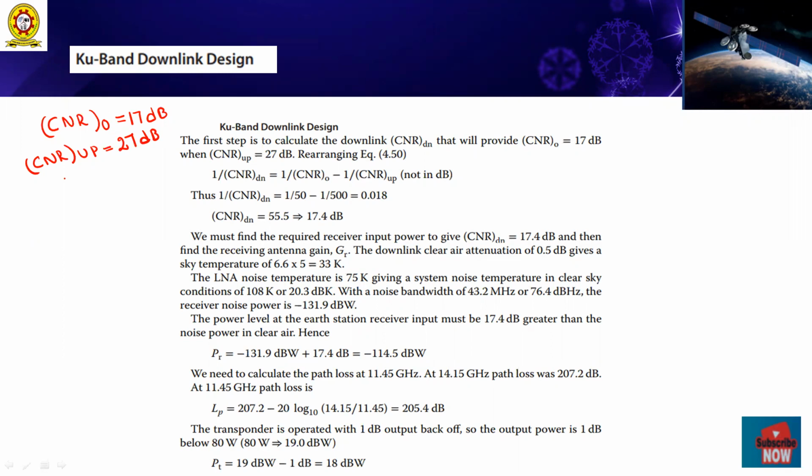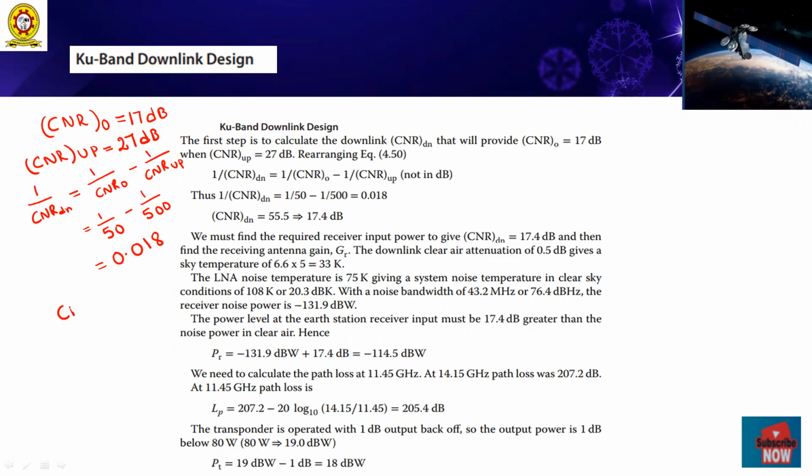Now we have the formula: 1 by CNR downlink equals 1 by CNR output minus 1 by CNR up. What is the value here? 1 by 50 minus 1 by 500. So we got 0.18.